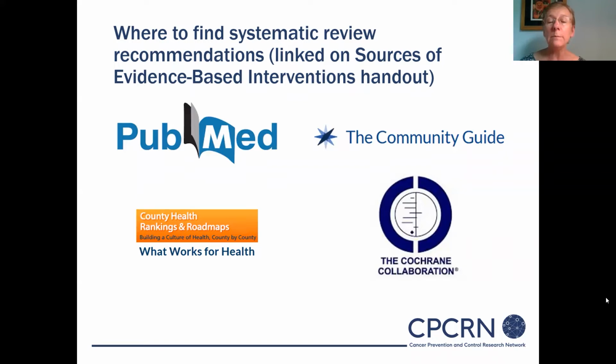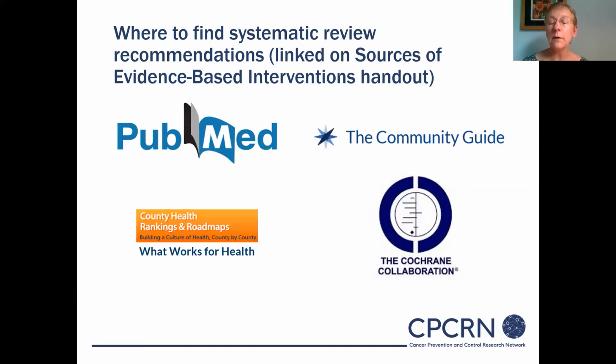I would say one of the biggest values to me of the What Works for Health website is that you may have noticed that some of the systematic review findings on the community guide are a little bit old. And sometimes you can find it on the community guide and then go to What Works for Health and find a more current systematic review that you can use to supplement your community guide finding.